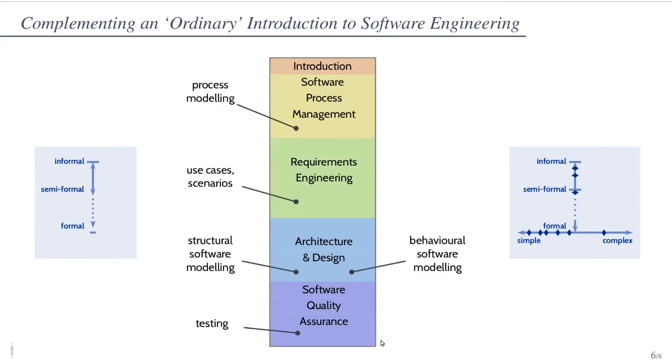Well, there's the following observation: if we follow the textbooks named before, we already have a lot of software description languages in there, like process models, like use cases and scenarios, like diagrams for structural and behavioral software modeling, like testing.